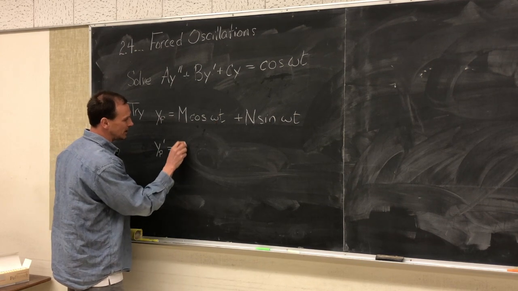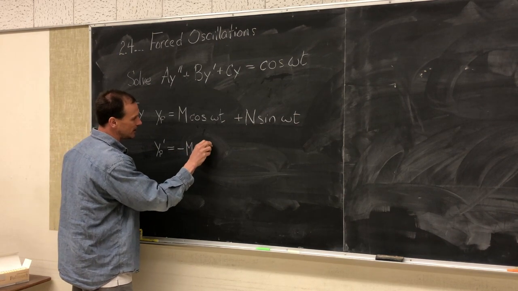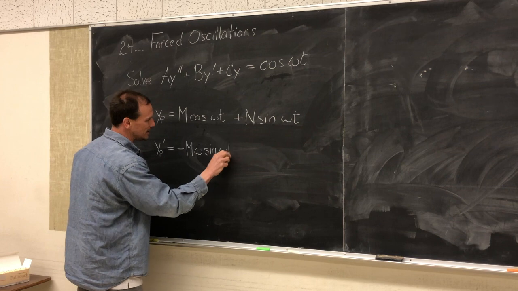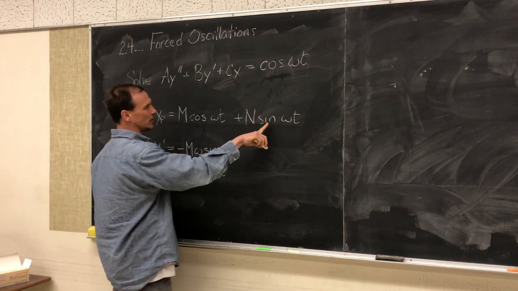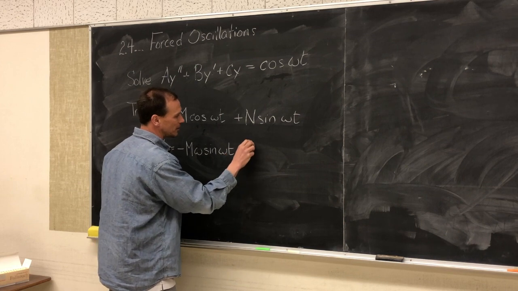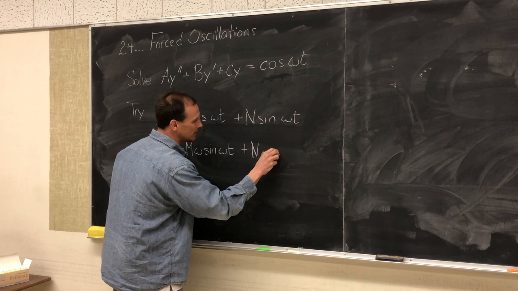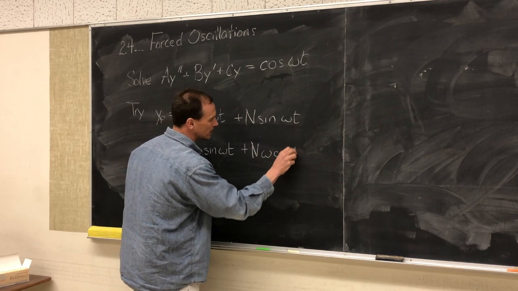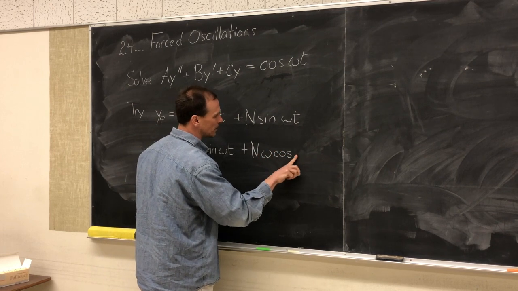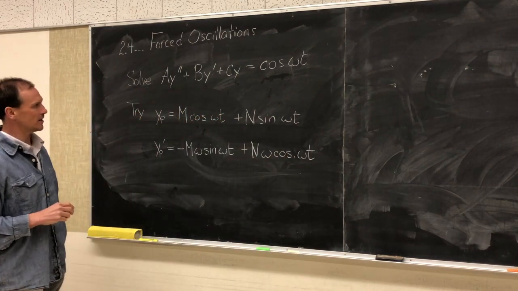So I'm going to have minus m omega sine omega t plus n omega cosine omega t.